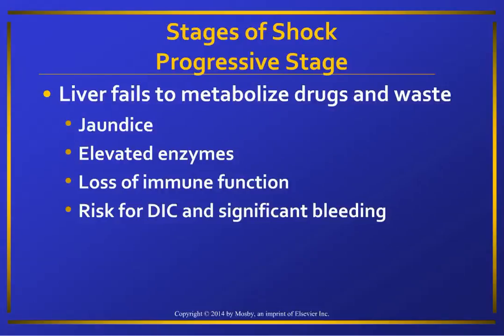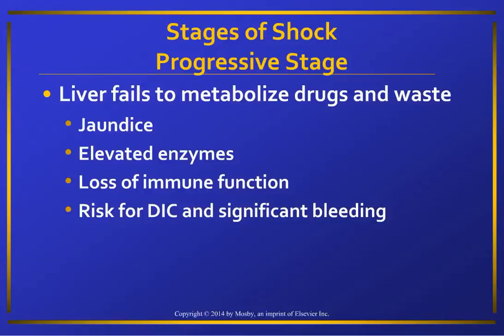The loss of the functional ability of the liver leads to the failure of the liver to metabolize drugs and waste products like lactate and ammonia. Jaundice results from the accumulation of bilirubin. As the liver cells die, enzymes become elevated, for example, alanine aminotransferase, aspartate aminotransferase, and gamma glutamyl transferase.